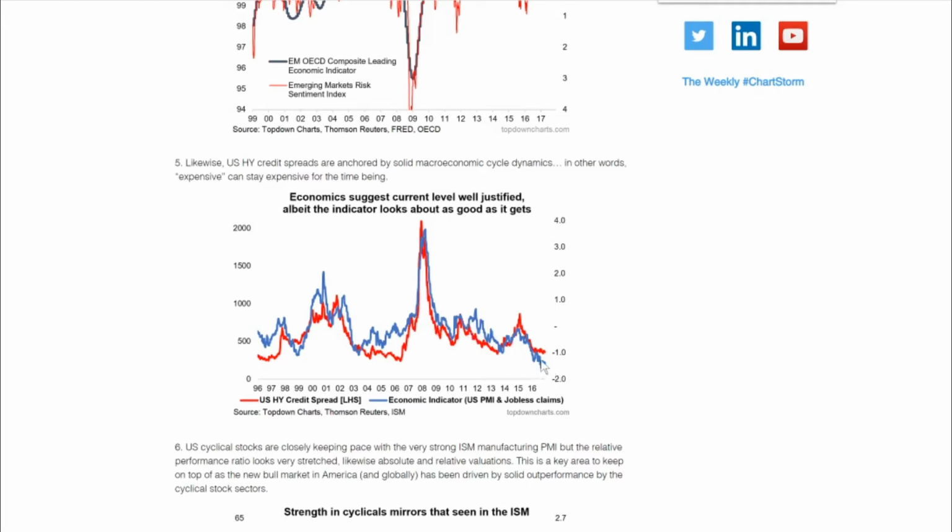At this point, it's pretty good. It's about as good as it gets. Kind of justifies the current level, if not arguing perhaps that they should even be lower. But of course, when it does get this good, the risk is that it starts to turn.